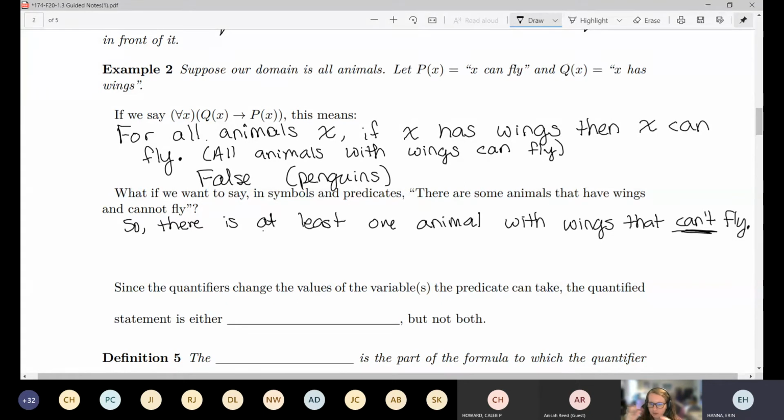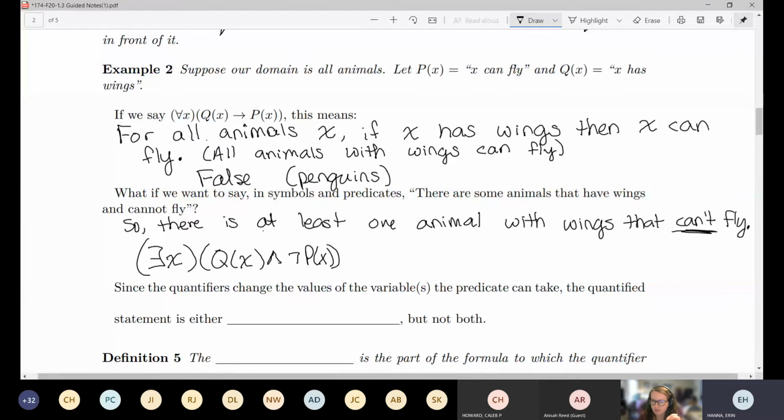So the quantifier we're going to want to use here is the there exists quantifier. So there is at least one, so there exists some animal X, such that it has wings, which is Q of X, but it can't fly. So it has wings and it can't fly.